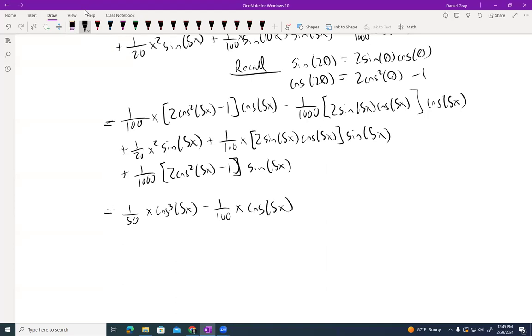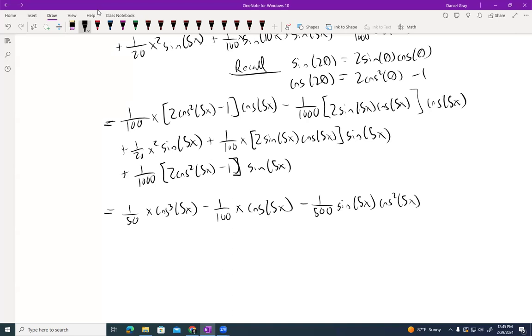Just distributing that. Now for this term right over here, we get minus 1 over 1,000, times 2, so I'll write this as 1 over 500 times sine of 5x times cosine squared of 5x. Okay, good.